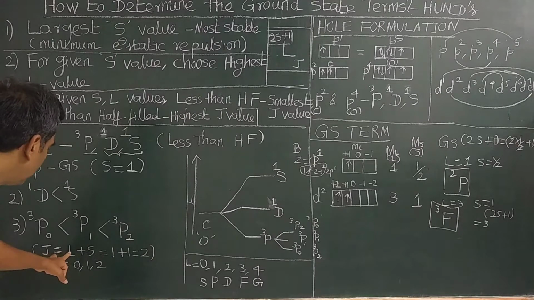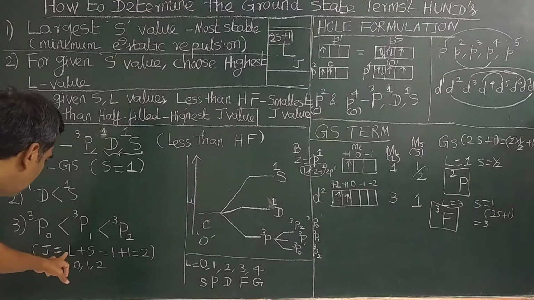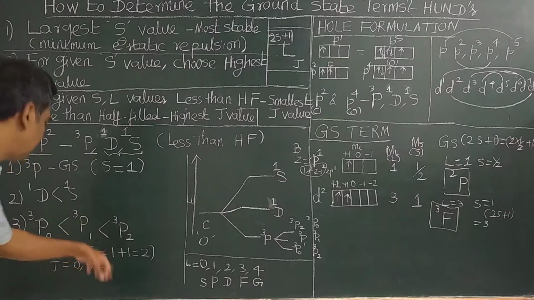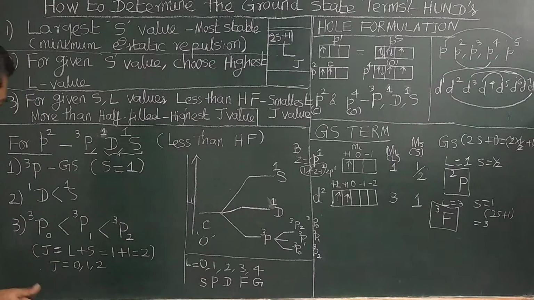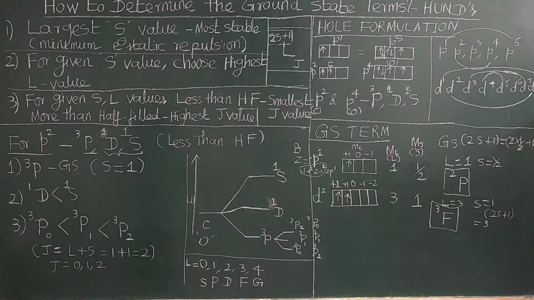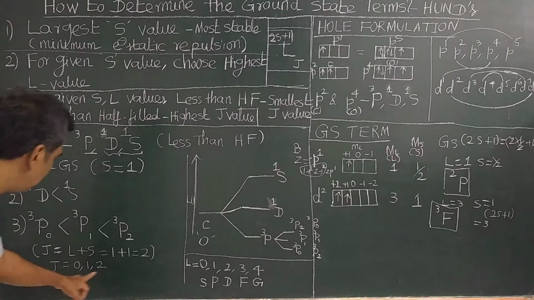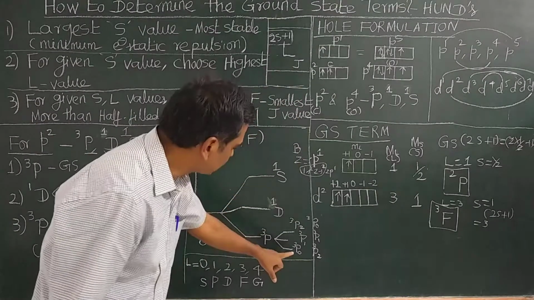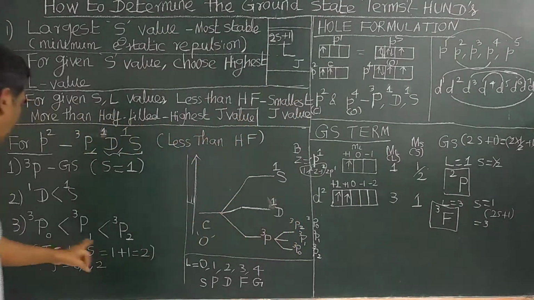J is due to the coupling of the resultant orbital angular momentum and the resultant spin angular momentum quantum number, and J ranges from L plus S down to L minus S. Therefore J can have values 0, 1, 2.